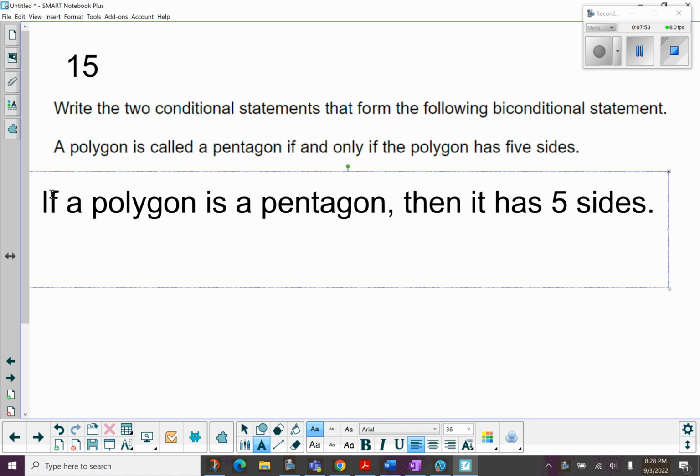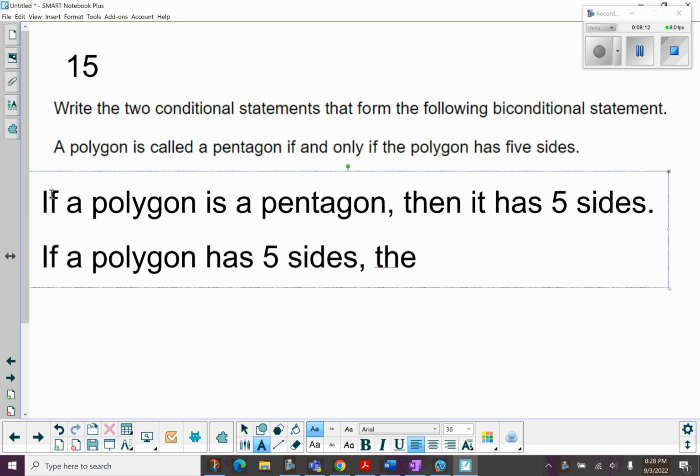Again, you don't have to repeat the word polygon in both parts. We can use the occasional pronoun in the second part. If a polygon has 5 sides, then it is a pentagon.